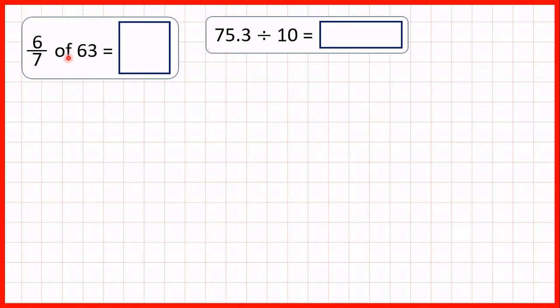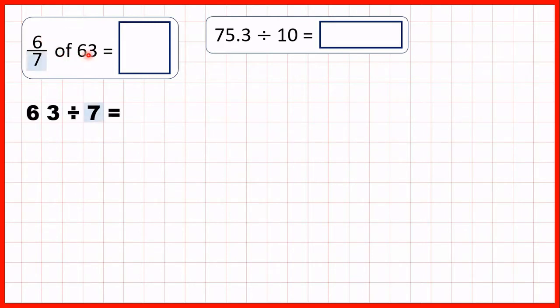Find 6/7 of 63. So to find a fraction of a number, we divide it by the denominator and then multiply that answer by the numerator. The way I remember this is divide denominator times top.